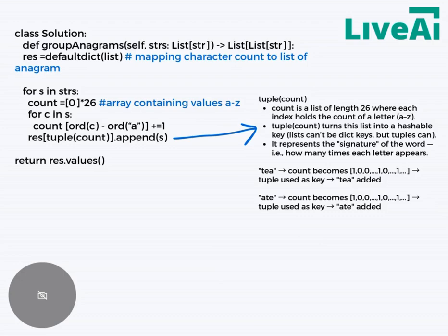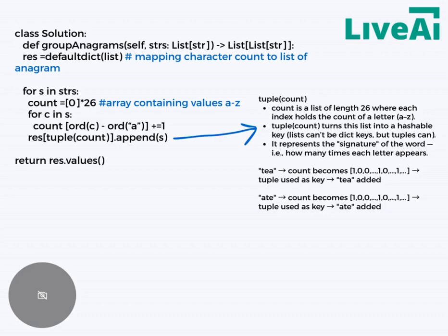Okay, now let's understand the result. Why do we make it a tuple of count? Because a key is immutable, and tuples are immutable, so it's better to convert this count array into a tuple.